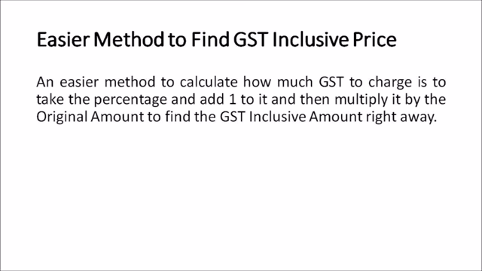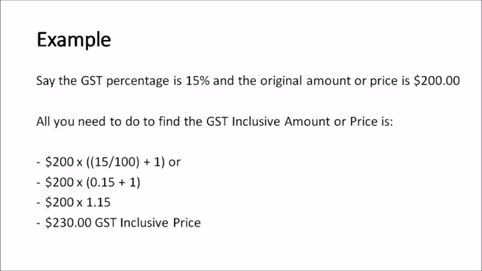To calculate how much GST to charge is to take the percentage and add 1 to it and then multiply it by the original amount to find the GST inclusive amount right away. So we'll look at an example which makes it easier to find the GST amount you want to charge. So say the GST percentage is 15% and the original amount or the price is $200.